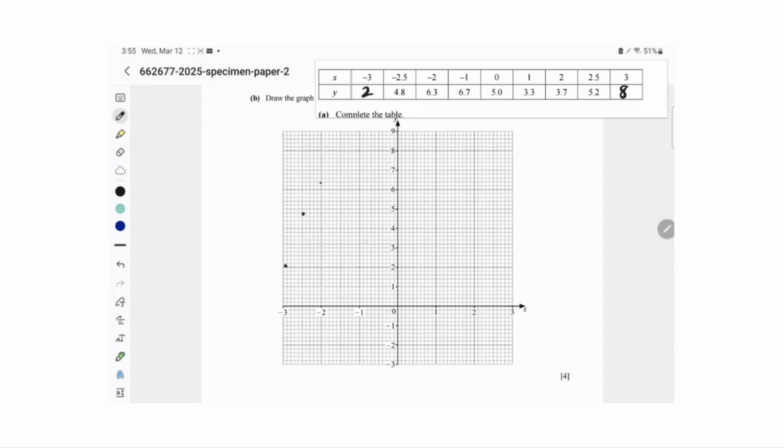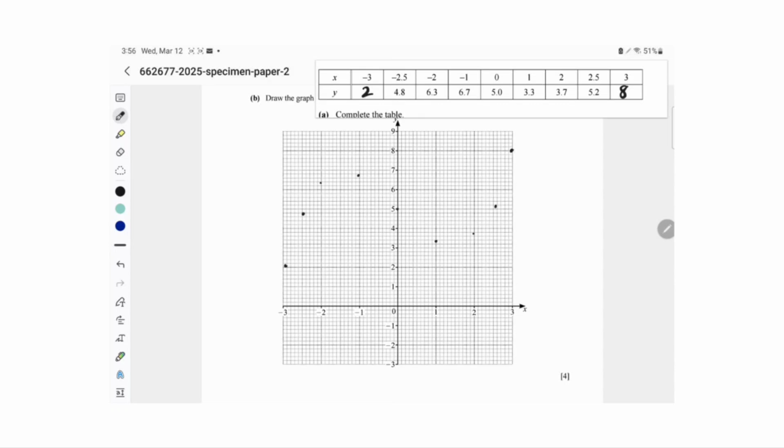Minus 1 and 6.7. Now 0 and 5 only. Then we have 1 and 3.3. Then 2 and 3.7. Like 2.5 and 5.2. Then 3 and 8. So it's a cubic curve.